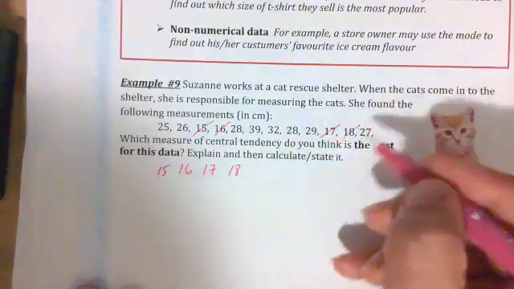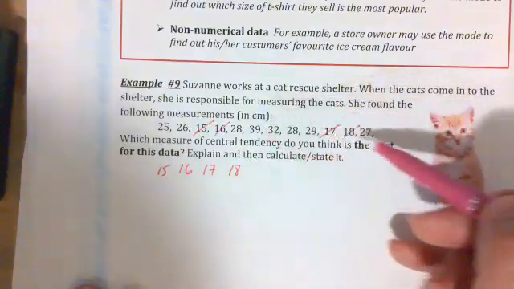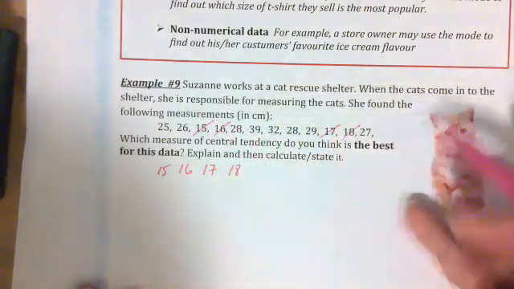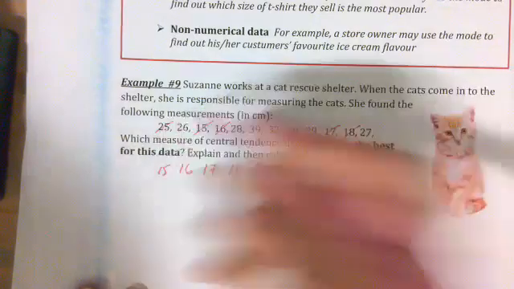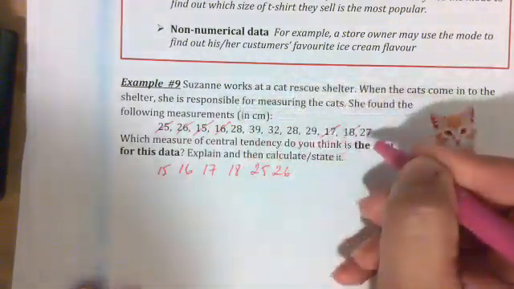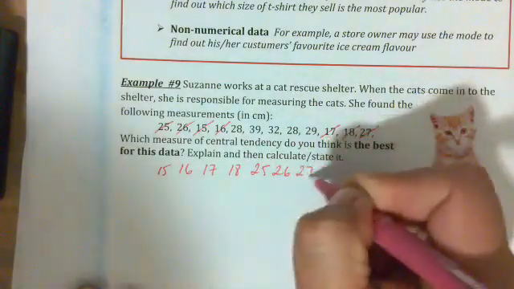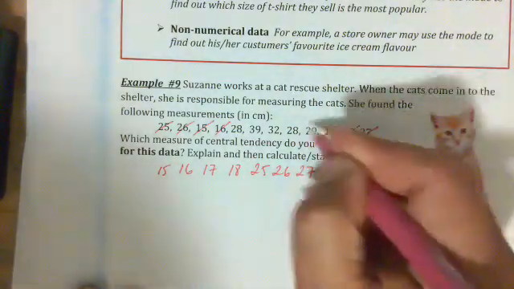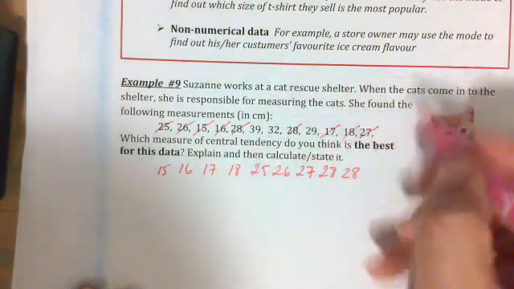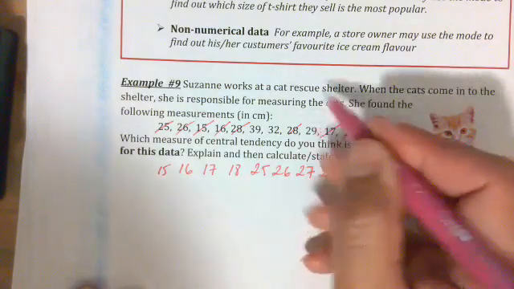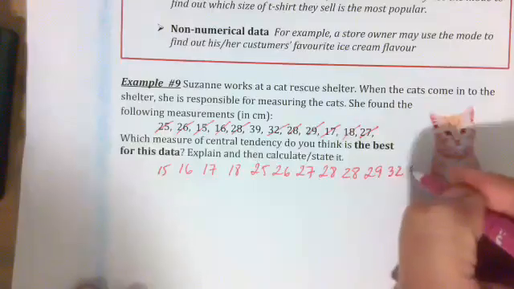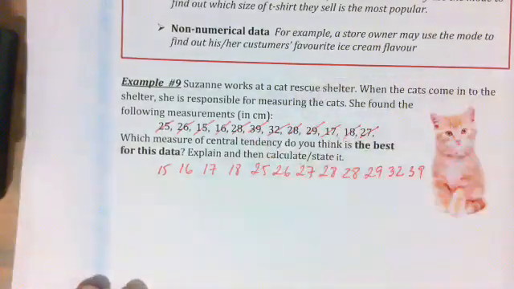I don't see a 20. 22, nope. 23, 24, nope. 25, 26, 27, 28, two of them, 29, 32, 39. Okay.